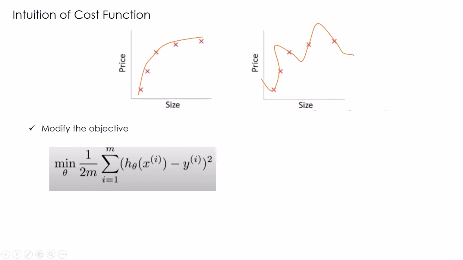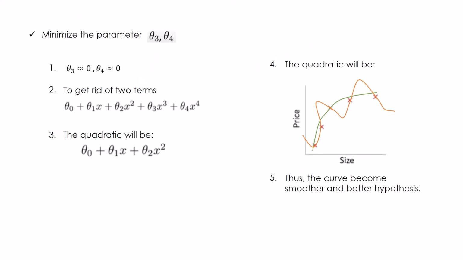This equation is the objective, and then we add plus 1000 theta 3 squared plus 1000 theta 4 squared. Then for the new equation, we need to minimize its parameters. The parameters will be theta 3 and theta 4.